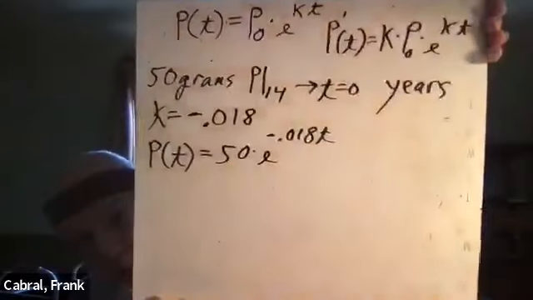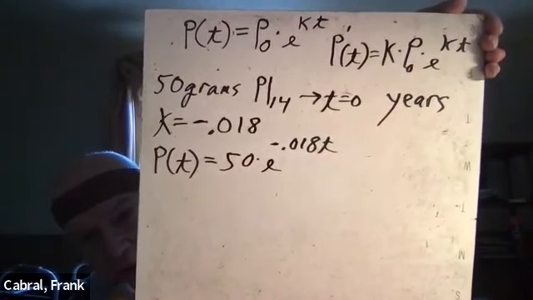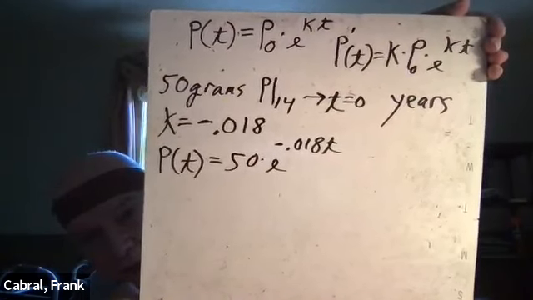So here's our model with our information plugged into it: 50 times e to the negative 0.018 T. The question, again, would be how fast is this material decaying in, I don't know, let's say 20 years? Again, the key words here are how fast, and of course that means a derivative. So we have to find P prime.